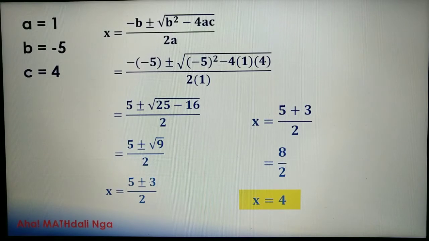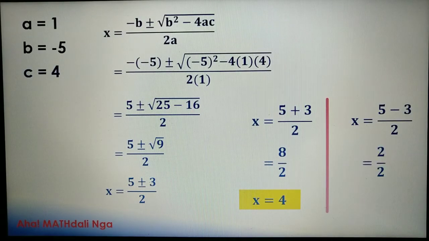To find the other value, we will use now negative 3. So we have x is equal to 5 minus 3 all over 2. Simplify, we have 5 minus 3 is equal to 2 over 2. 2 divided by 2 is equal to positive 1.